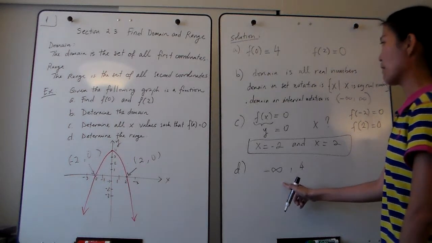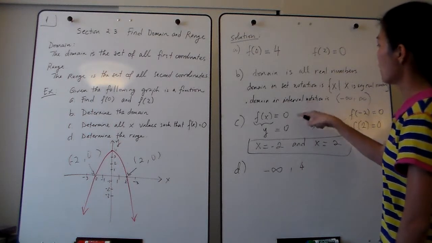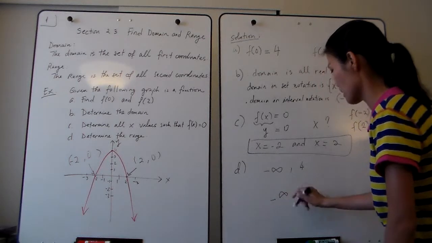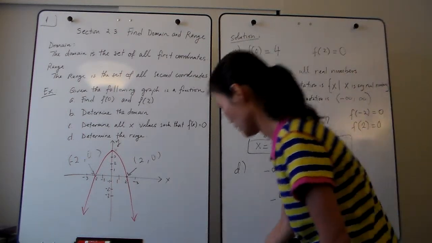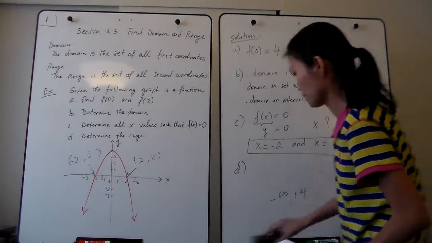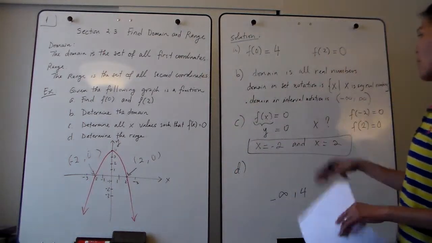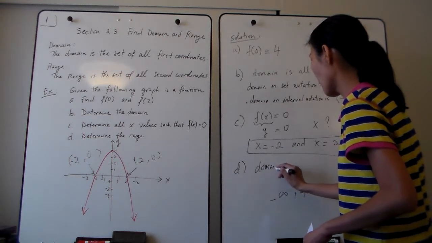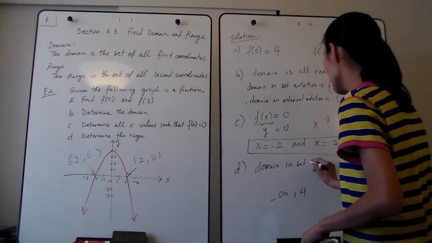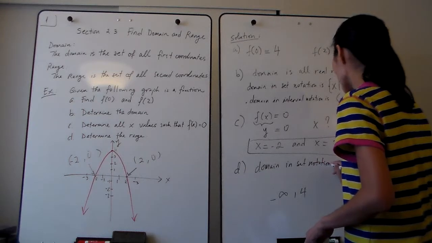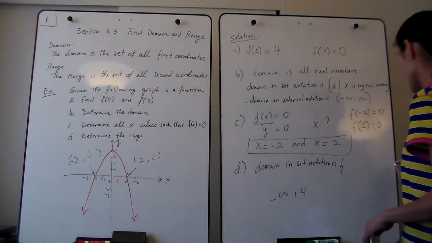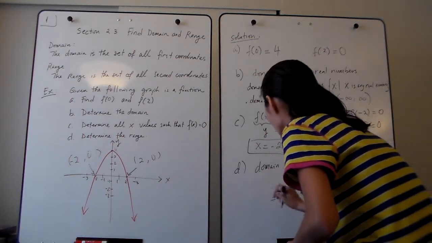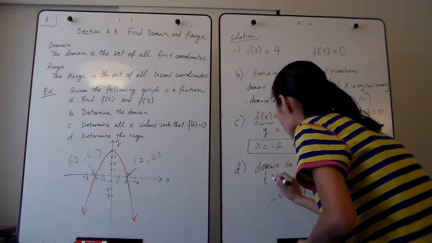So if I ask you to write this in interval notation, okay? So let me copy this. You know this is the smallest side, the biggest side. So how about this? Let's start with the set notation first. Domain in set notation is x, symbol x, right?